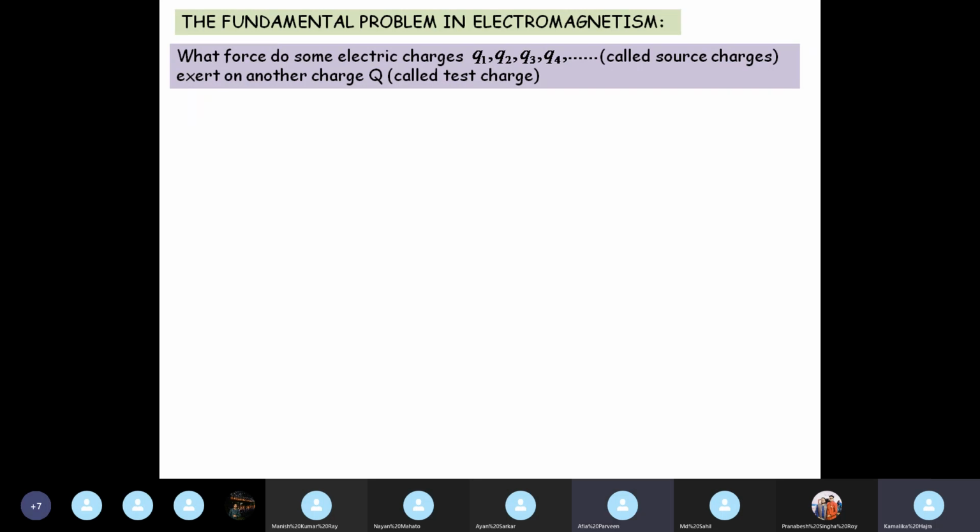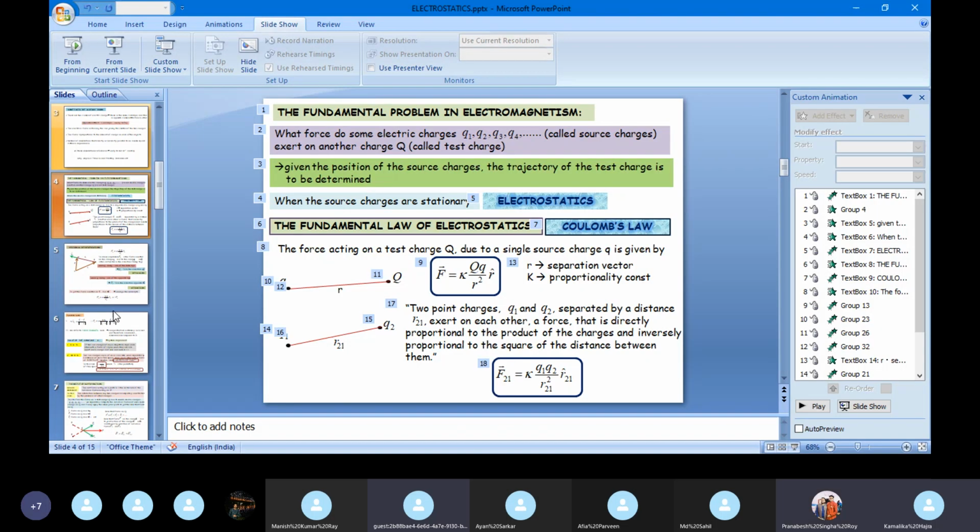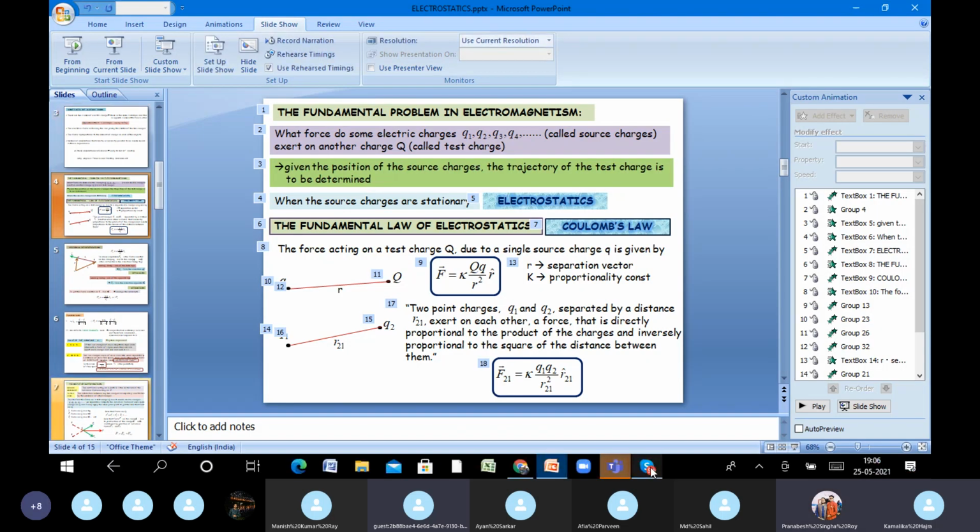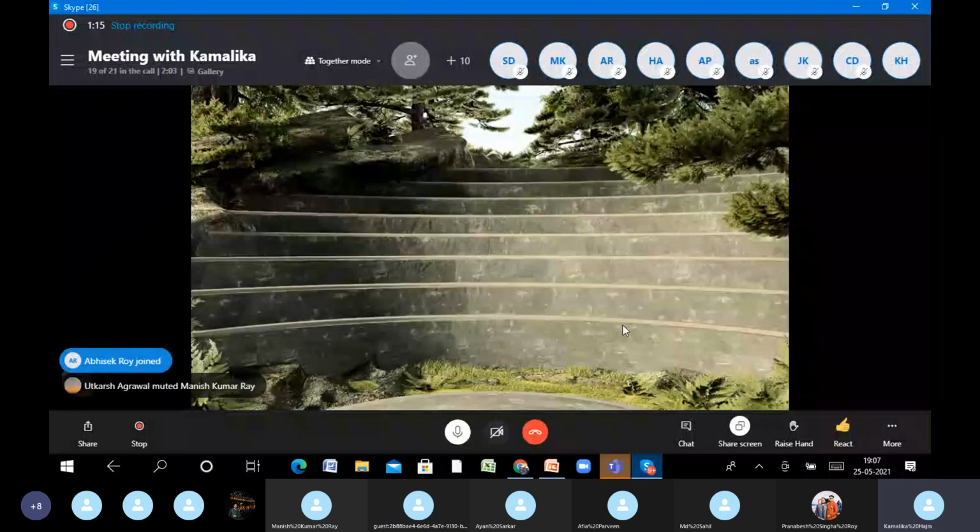Your screen. You can't see my screen. No one can see my screen. Yes, ma'am, we can't see, it's totally black. How many of you can see the screen?